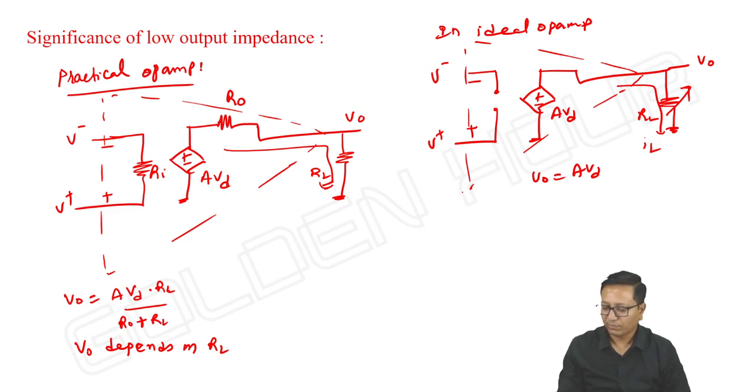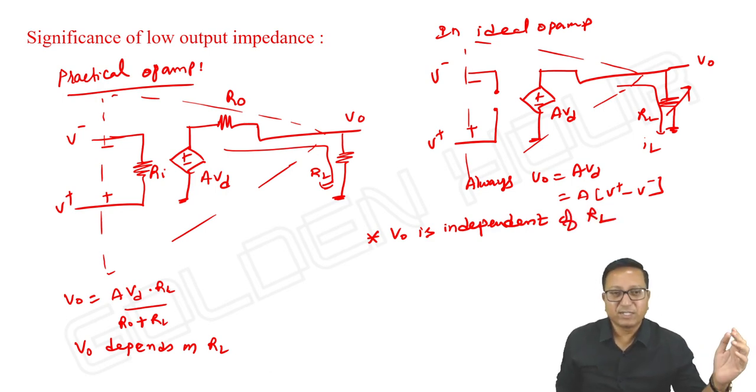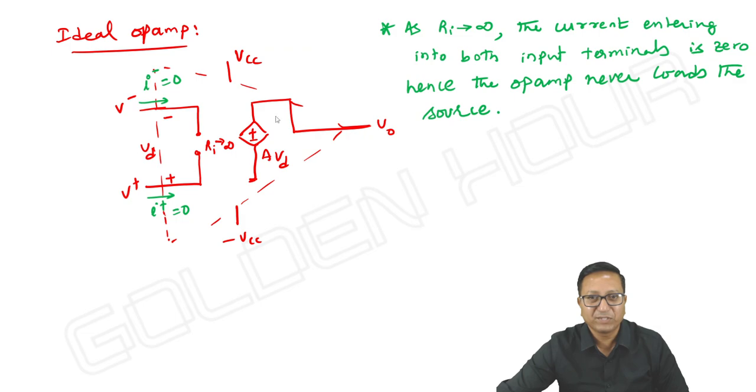Always V output is equal to A into Vd, or A into V plus minus V minus, which is independent of RL. So due to infinite impedance, the op amp is not loading the source. That is the significance or advantage of infinite input impedance.